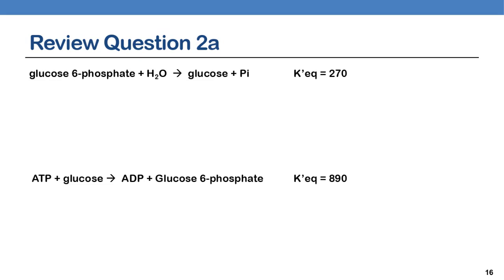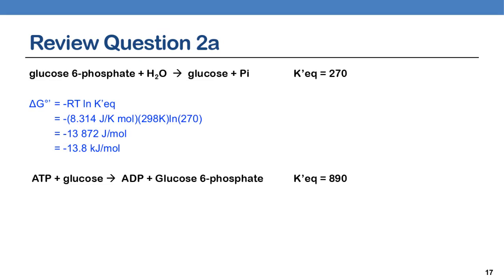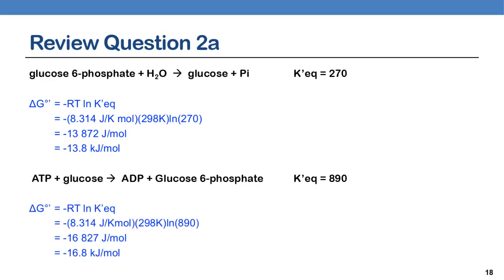All right. Okay, so if you were to fill this out, we would get our delta G of negative 13.8 for the hydrolysis of glucose 6-phosphate to glucose. And if we're looking at the conversion of glucose to glucose 6-phosphate, we would get negative 16.8.